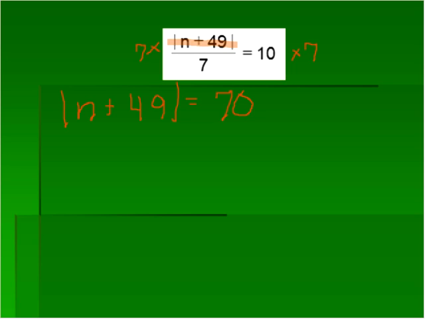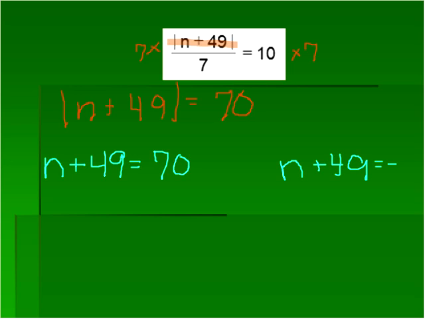So the first equation that I can come up with is n plus 49 equals 70, and n plus 49 equals negative 70. To isolate n, we're going to subtract 49 in both cases.